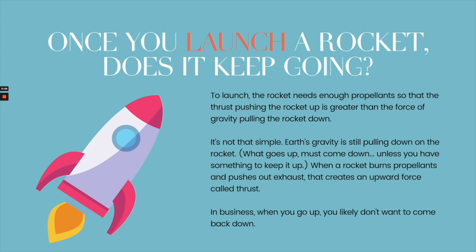When a rocket burns propellants and pushes out exhaust, that creates an upward force called thrust. So we have to constantly be thrusting our business forward to get the results that we want. Our business is not going to just keep going because we pushed a button and started it. We have to have the proper ingredients or the proper propellants to make it keep going in the direction that we want it to go.